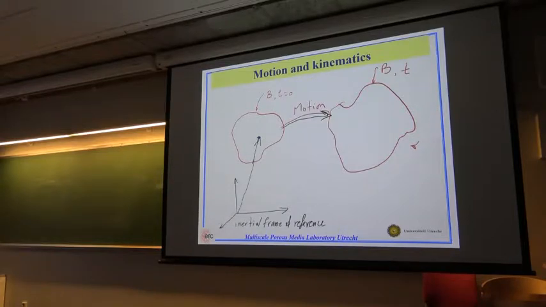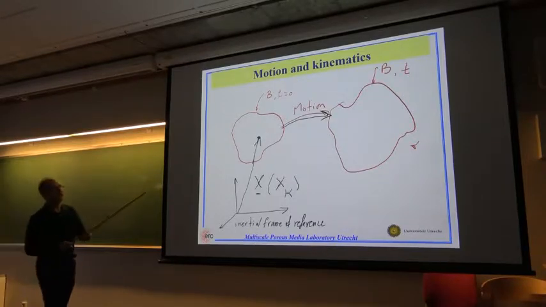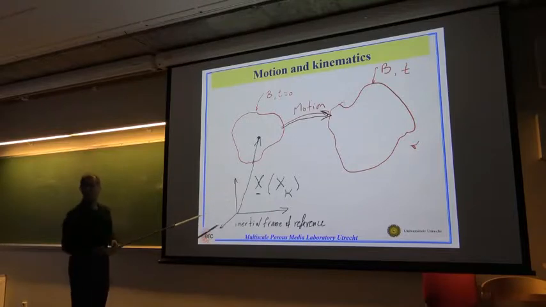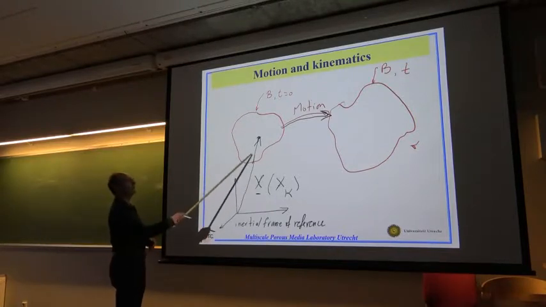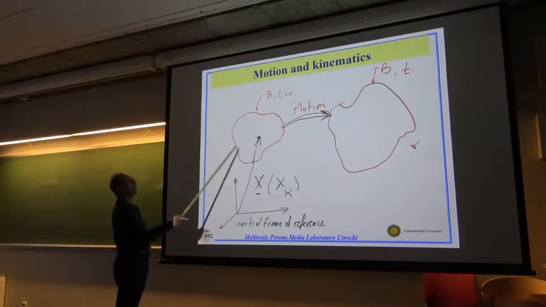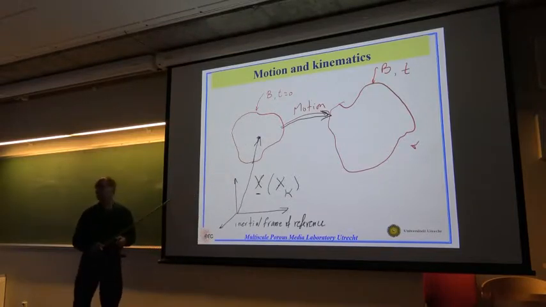Every material point of that body has a coordinate, which I show with capital X, with index notation X_K. That's the initial coordinate. We also call this the material coordinate, because these are the original coordinates of that material.